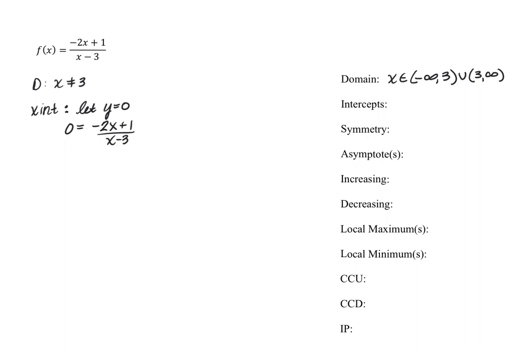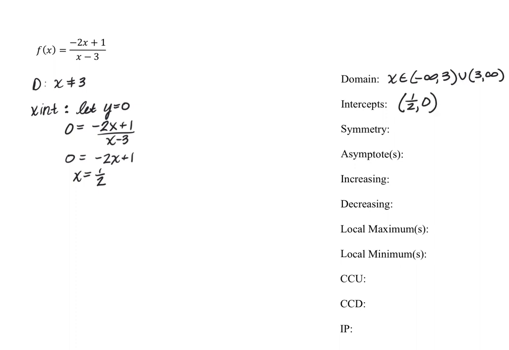And that denominator, that x minus 3, of course, if we multiply it over, 0 times x minus 3 is 0. So we're really just looking at the negative 2x plus 1 and solving that equal to 0. So subtract the 1 and divide by negative 2, and we're going to end up with 1/2. So we know we have an x-intercept of 1/2.